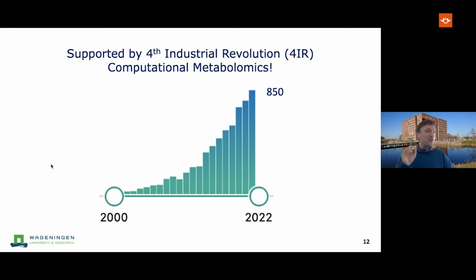But I think one of the main drivers of all of this is the support by the fourth industrial revolution, the 4IR, that is really also kind of pivoted in Johannesburg, right? Computational metabolomics tools. So you can see here how that is also growing. Virtually non-existing before 2000 as a term in the literature, and now you see it's on a steady rise as well.